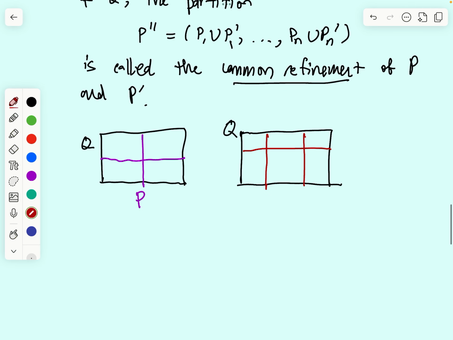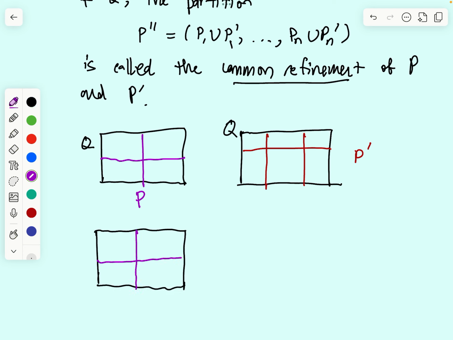Then when you take P and add P prime like that, this is P double prime.